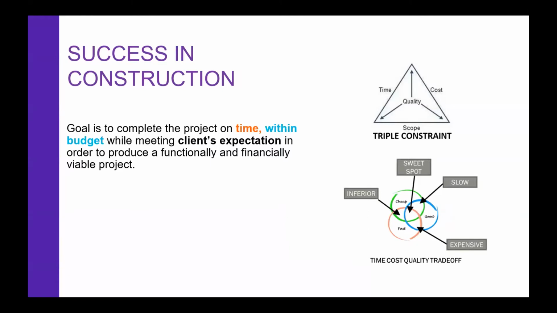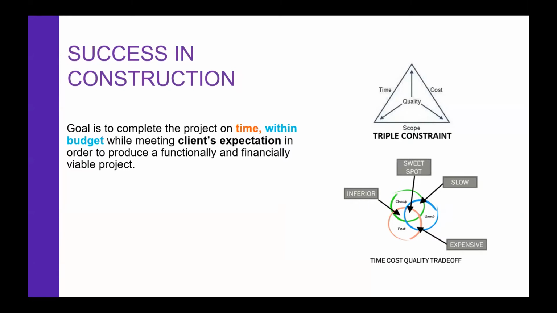As a researcher, what we do is we investigate the problem areas in construction. And as you know, in the construction industry, we have major problems, especially with the successful delivery of construction projects. When we say success in construction, we are talking about completing the project on time, within budget, and while meeting the client expectations.